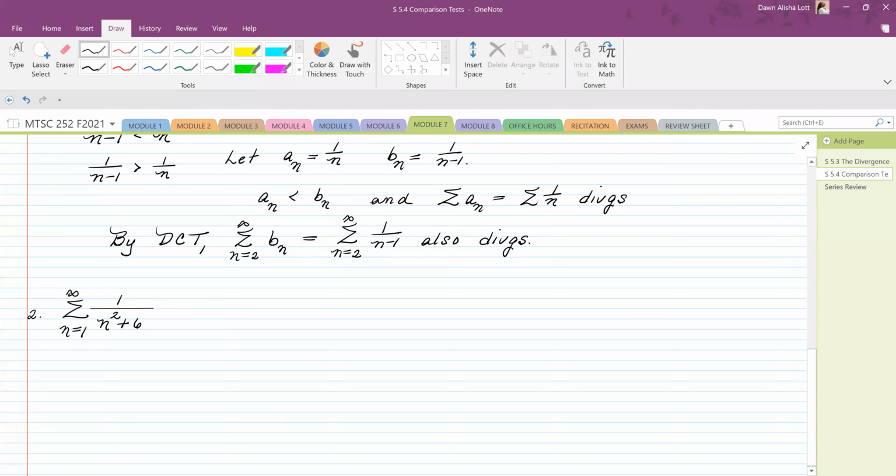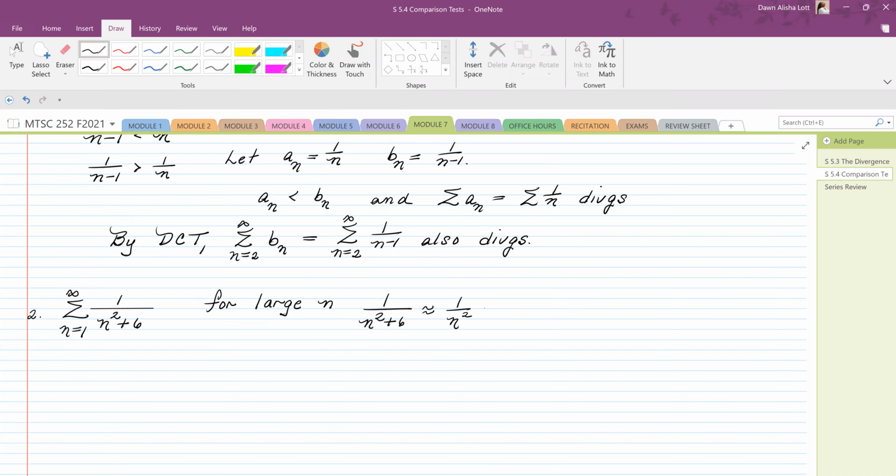Now, if I didn't have the 6 there, for large n, 1 over n squared plus 6 kind of looks like 1 over n squared. Because if n is like 100,000, then that little 6 doesn't really matter. So they look alike for large n.